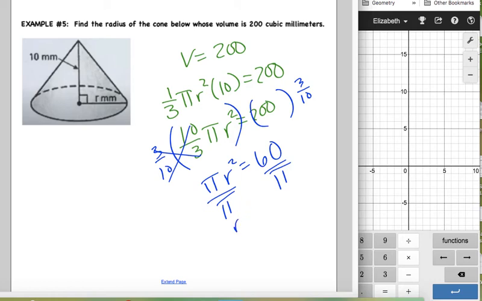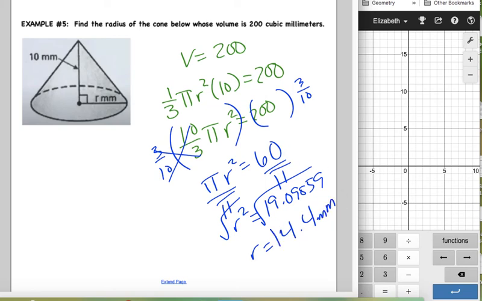So I have divided by pi, and I'm getting about 19.09859. And now we're going to square root my answer, giving me 4.37, so about 4.4. And that's millimeters for that radius.